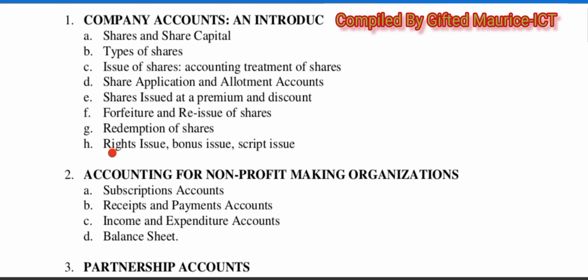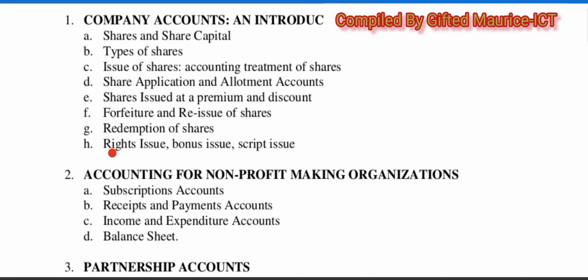But this right being given to the existing shareholders does not become an obligation, meaning it is not a must that the existing shareholders buy the additional shares. Yes, they're given the right, but they are not forced to purchase the additional shares. So it is voluntary to purchase additional shares.